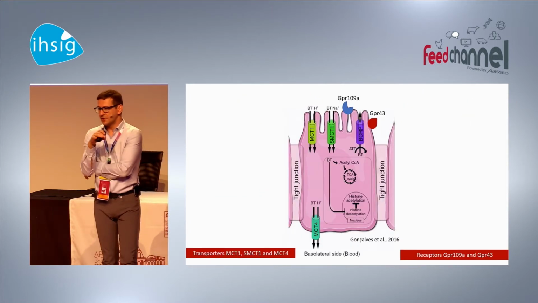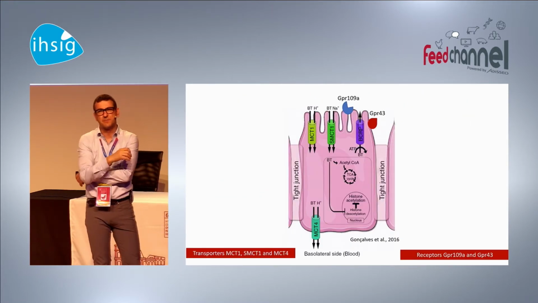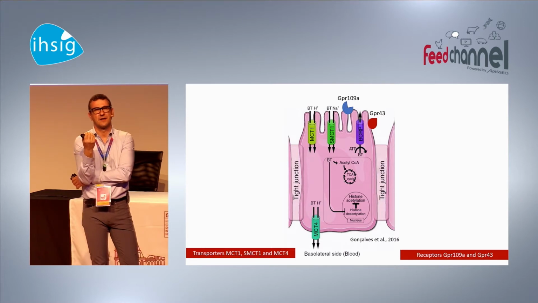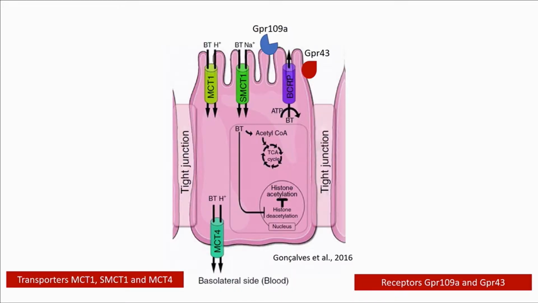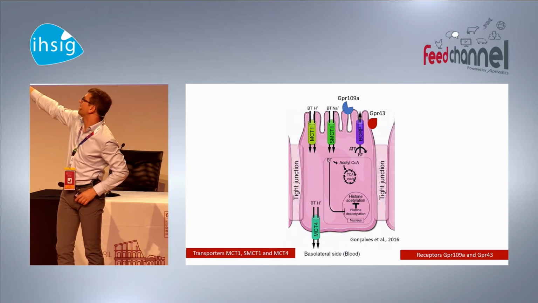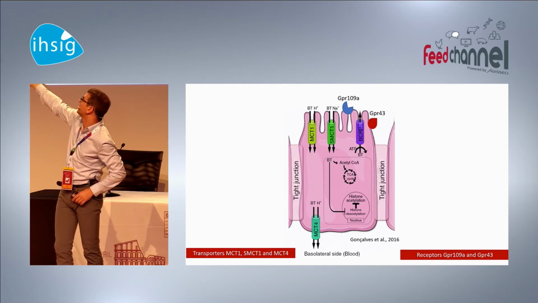So just to explain a bit more mechanistically what this actually means for an epithelial cell. Why is this so important? Well, this is an epithelial cell. You have some transporters. These are transporters for butyrate. This is a monocarboxylic acid transporter, another transporter.